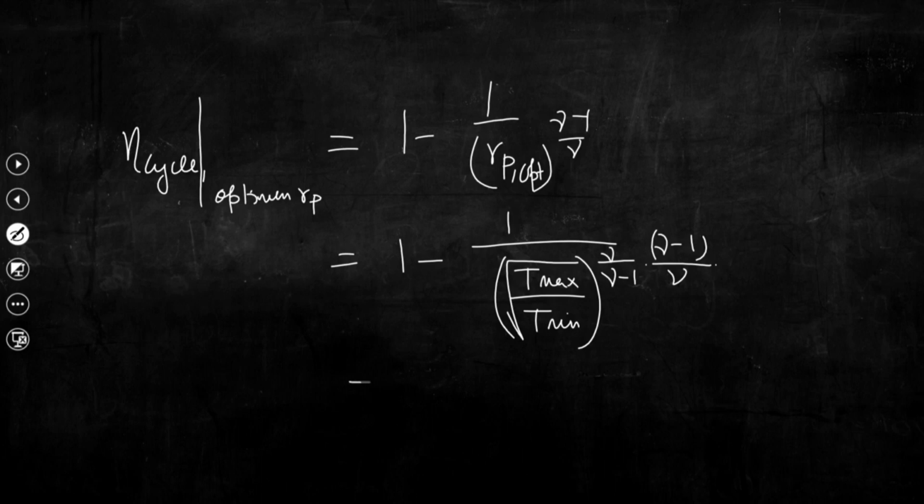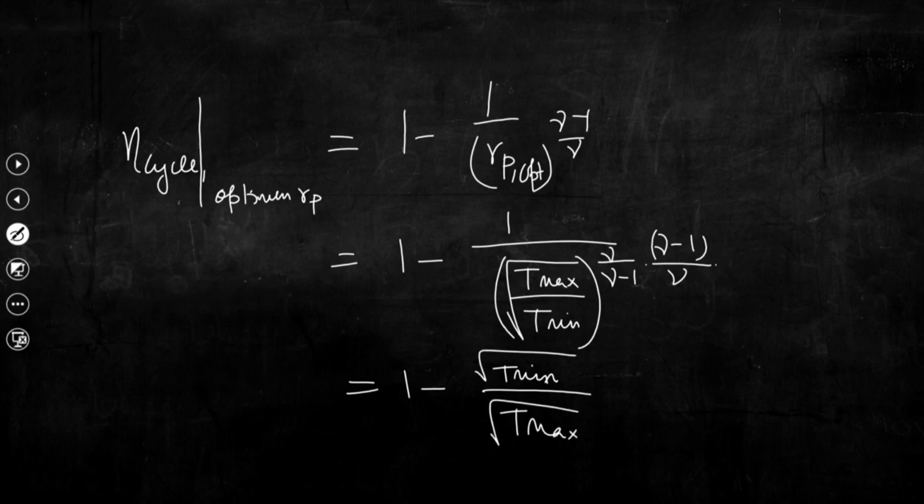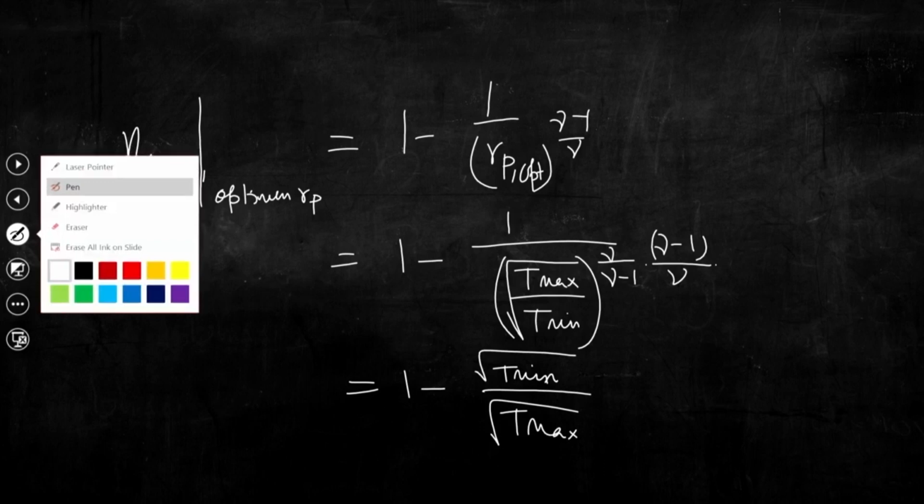So, that means we are getting root T min divided by T max. So, this is the expression of cycle efficiency.